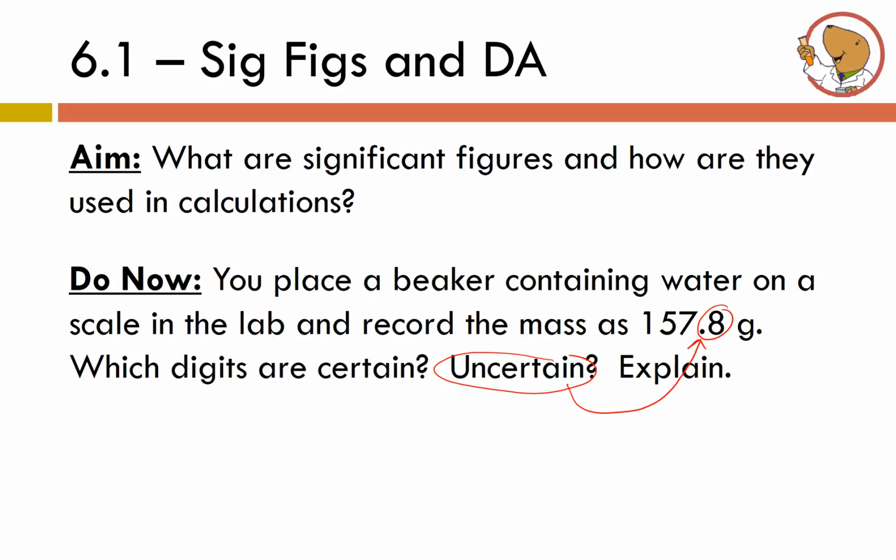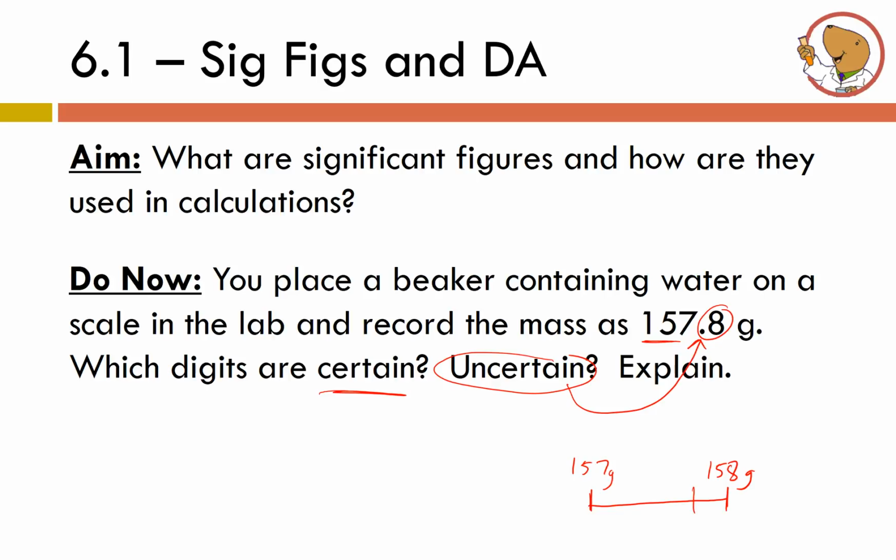If we get the measurement 157.8, the certain digits are, in this case, the first three. The scale knows that the mass of the beaker and the water is somewhere between 157 and 158 grams. It doesn't know exactly what the tenths place is. Maybe it's around here. So it's been estimated, and we say that digit is uncertain.